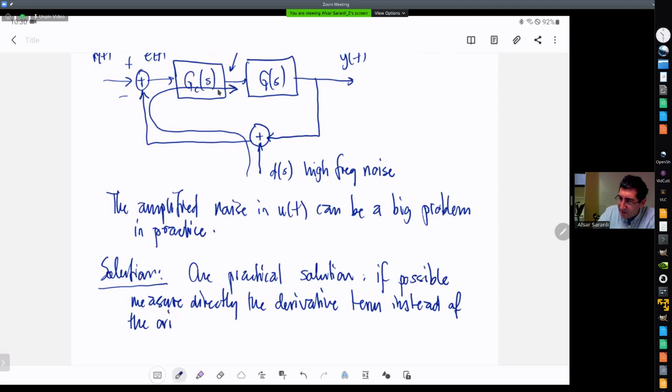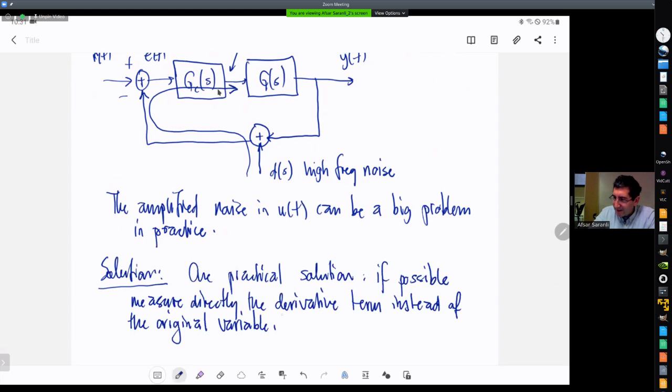I will make that clear in a minute. Let's say you are originally measuring the position, but you need the velocity. Normally, if your measurement variable is the position, you will take the derivative of the position to compute velocity. But maybe you are able to measure velocity directly. Okay, you may have some sensor that directly measures the velocity. If that's the case, use the velocity directly rather than taking the derivative of the position variable.